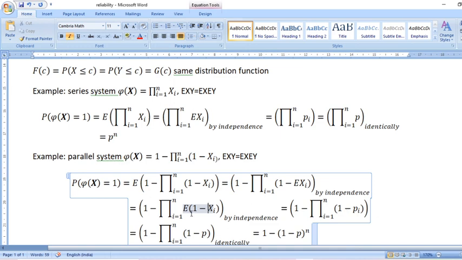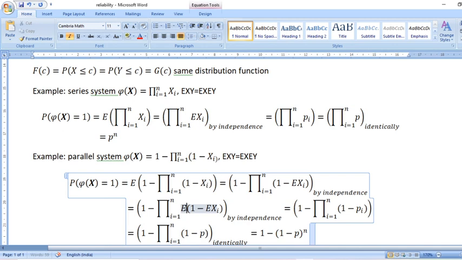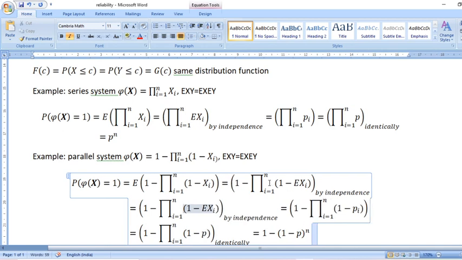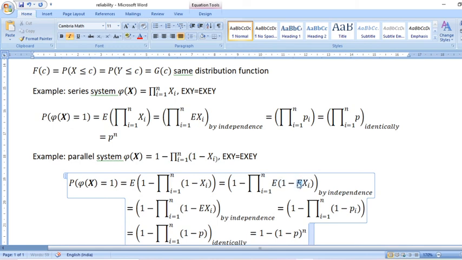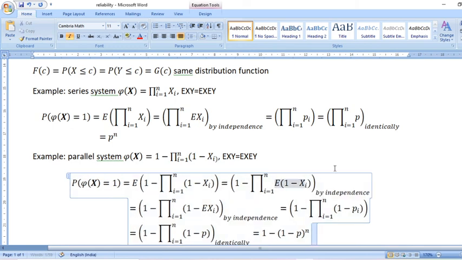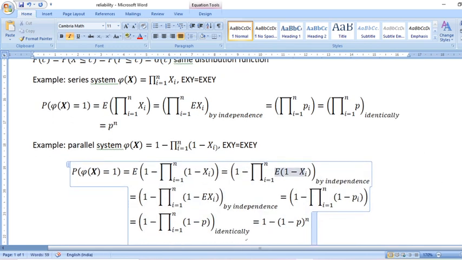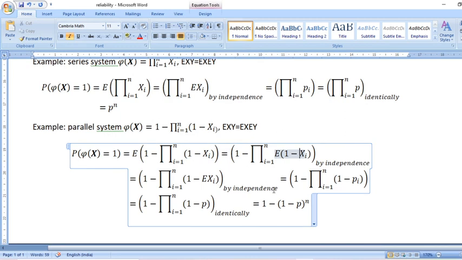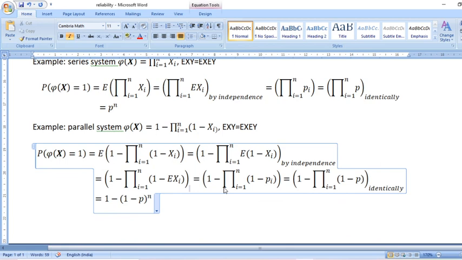Sorry, it is correct. So this is not by independence, this is just a property of expectation.